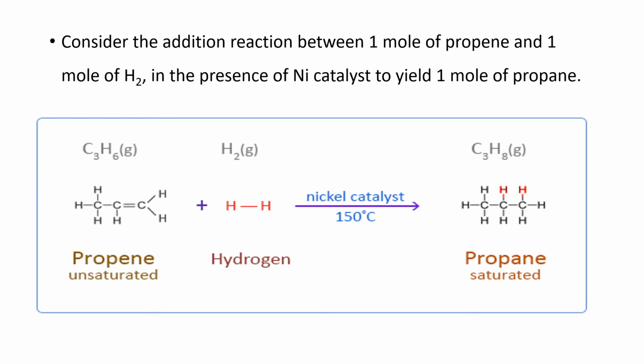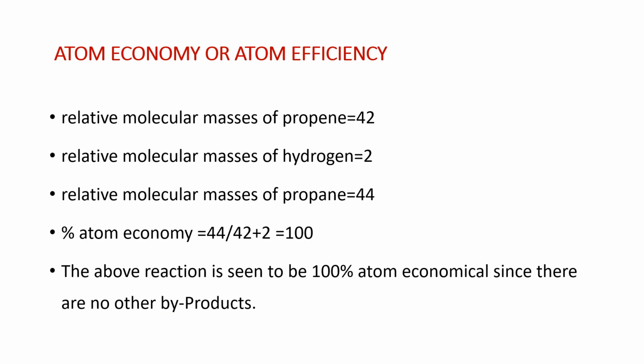For example, consider the addition reaction between 1 mole of propene and 1 mole of hydrogen in the presence of nickel catalyst to yield 1 mole of propane. Here, the relative molecular mass of propene is 42, the relative molecular mass of hydrogen is 2, and the relative molecular mass of propane is 44. Therefore, percent atom economy is equal to 100%. The above reaction is seen to be 100% atom economical since there are no other byproducts.